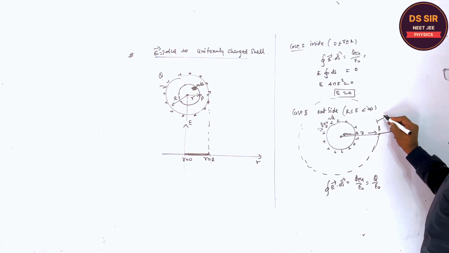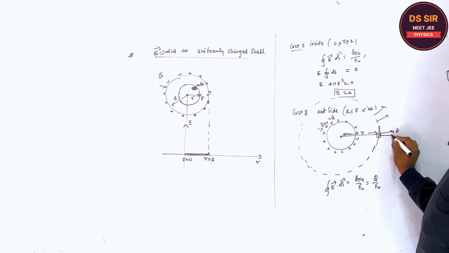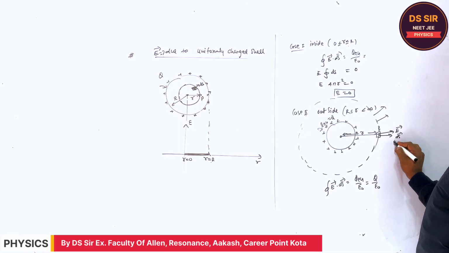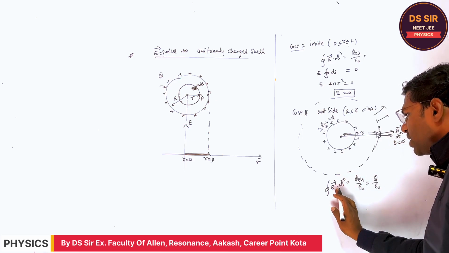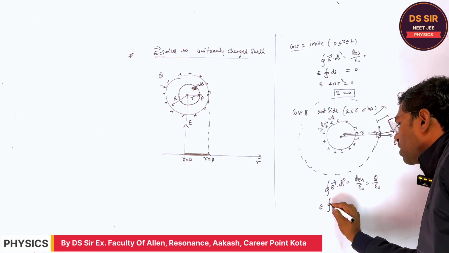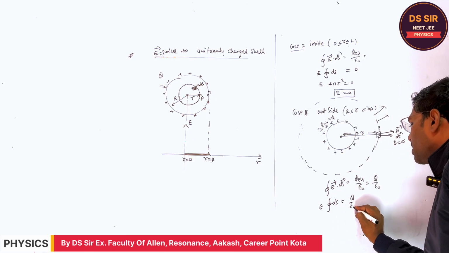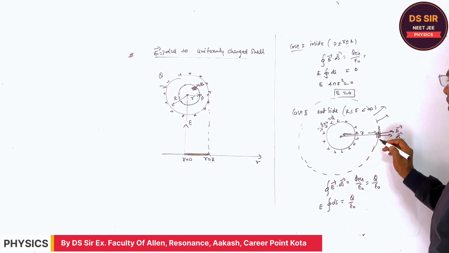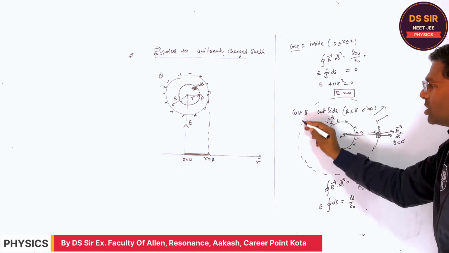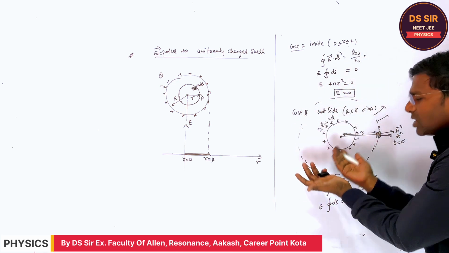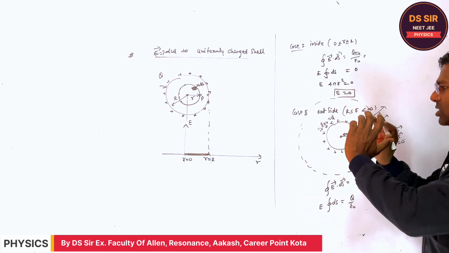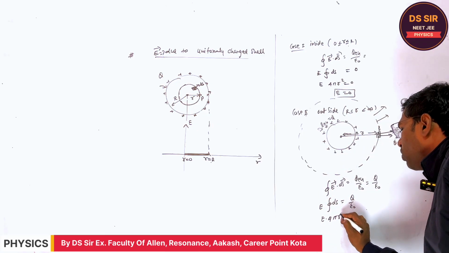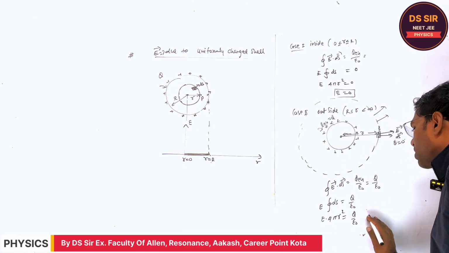And the electric field everywhere, if you choose this is the dS vector, the E vector and dS vector are in the same direction, so theta is 0. If this is the elemental area of this Gaussian surface, what is the integration of dS? That is the total area, equal to 4 pi r square, upon epsilon naught.